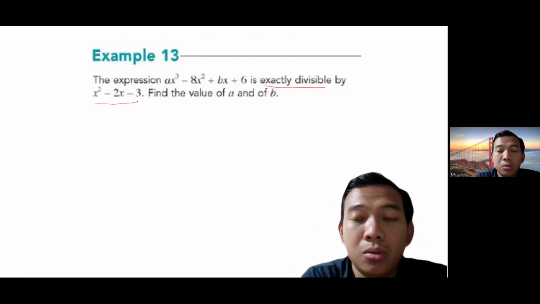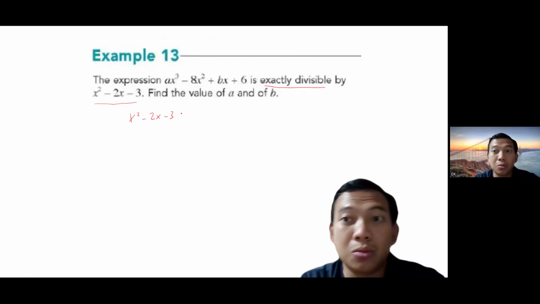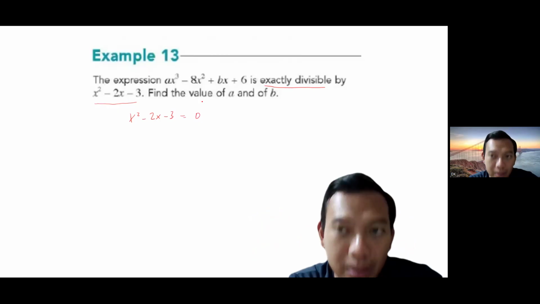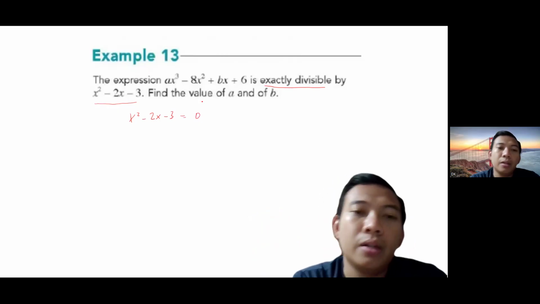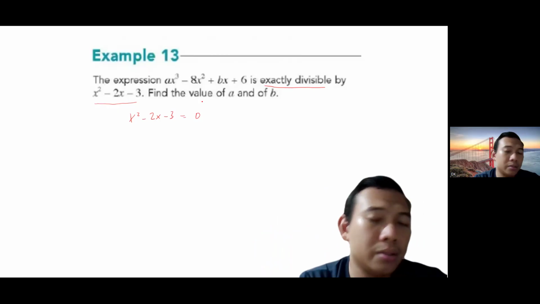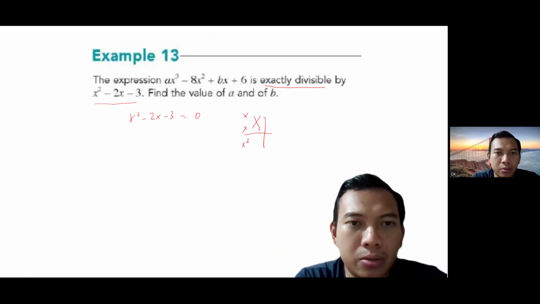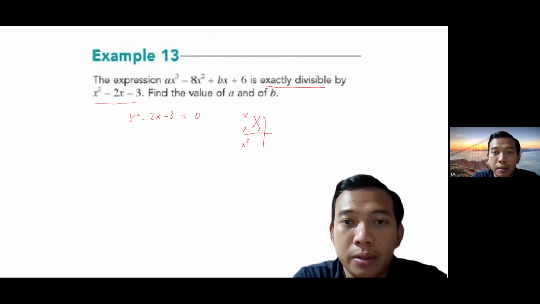As we all know, same thing: x squared minus 2x minus 3. Just now all this while was x minus 1, x plus 2 equals 0. So this time round it equals 0, and this becomes a quadratic. So using your calculator, x squared, 1, minus 2, minus 3.